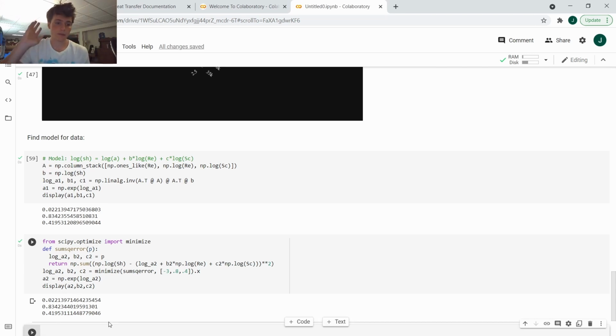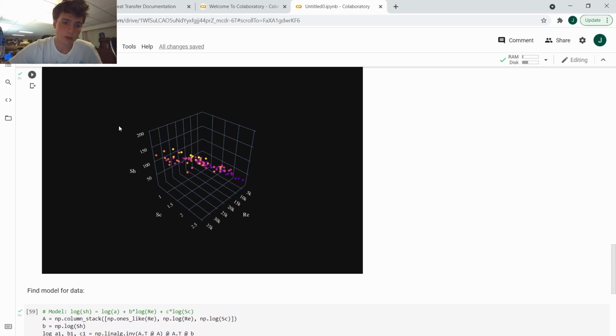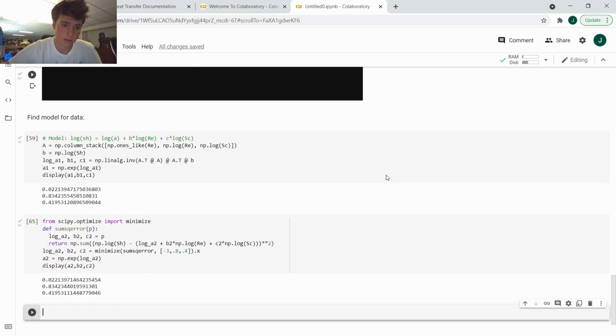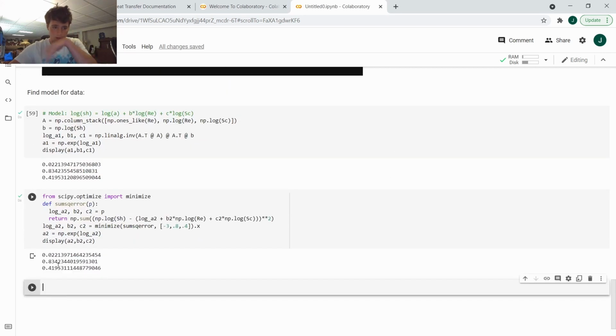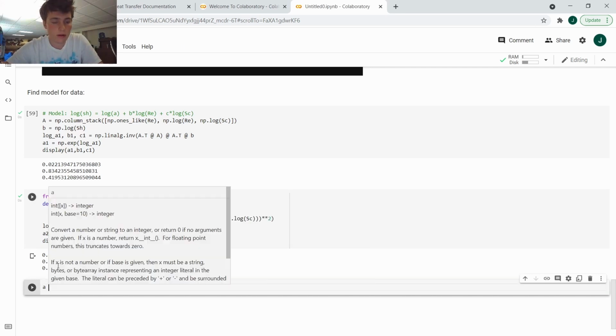Now that we have what our model is, we want to graph that over our experimental data. The first thing we need is, well, which exponents are we going to use?